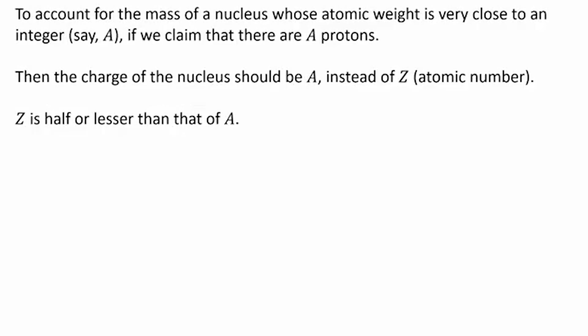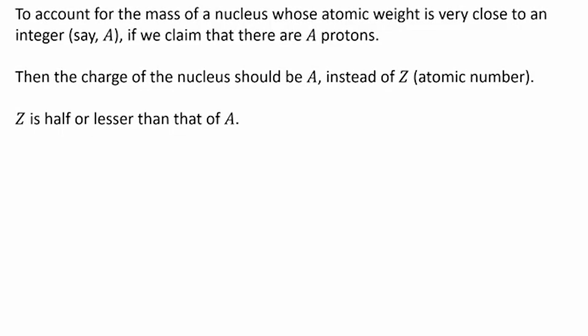All right. Now, to account for the mass of a nucleus whose atomic weight is very close to an integer, say that integer is A. If we claim that there are A protons, then, because for neutrality there has to be an equal number of positive and negative charges, which would cancel, the charge of the nucleus would be A instead of Z. Z is usually half or lesser than A, which means that if the nucleus is completely full of protons, atomic charge neutrality can never be achieved, because there are Z electrons contributing a charge of minus Ze, whereas the protons would contribute plus e each, with opposite sign.